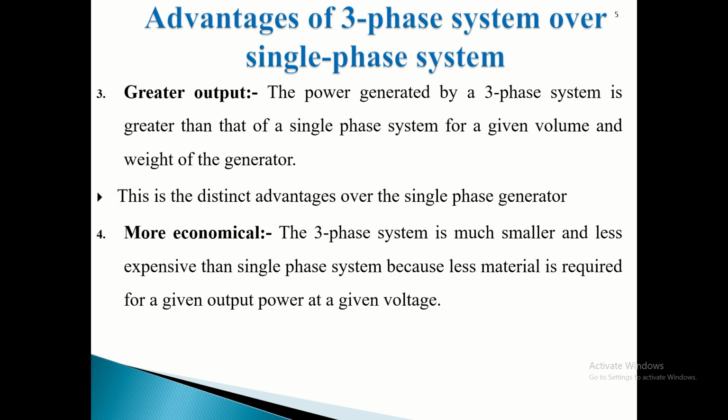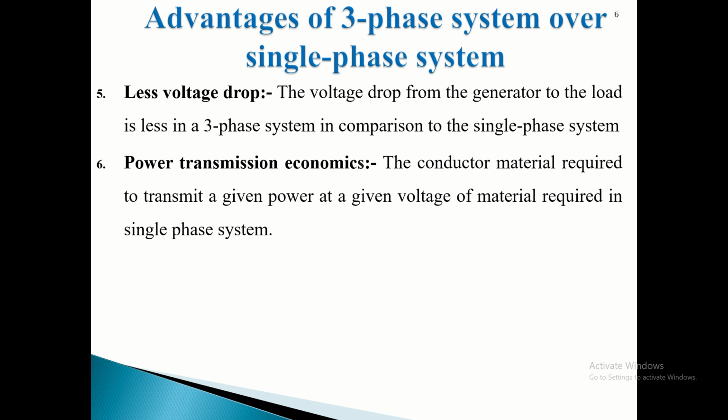Greater output. The power generated by a three-phase system is greater than that of a single-phase system for a given volume and weight of the generator. More economical. The three-phase system is much smaller and less expensive than a single-phase system because less material is required for a given output power at a given voltage. Less voltage drop.